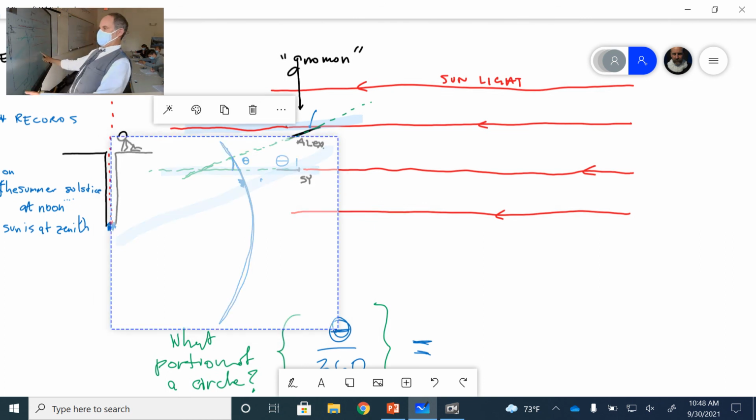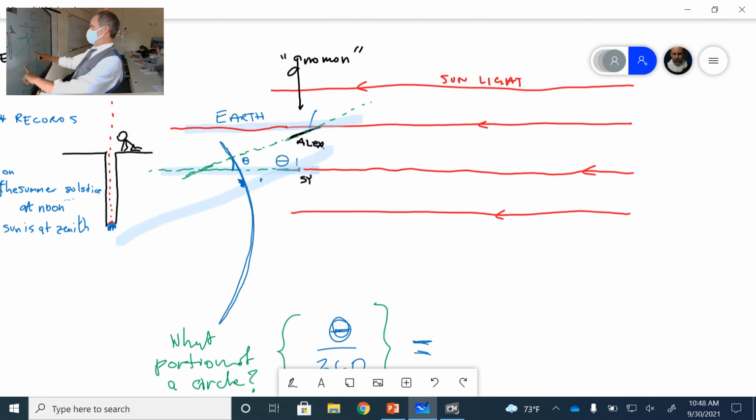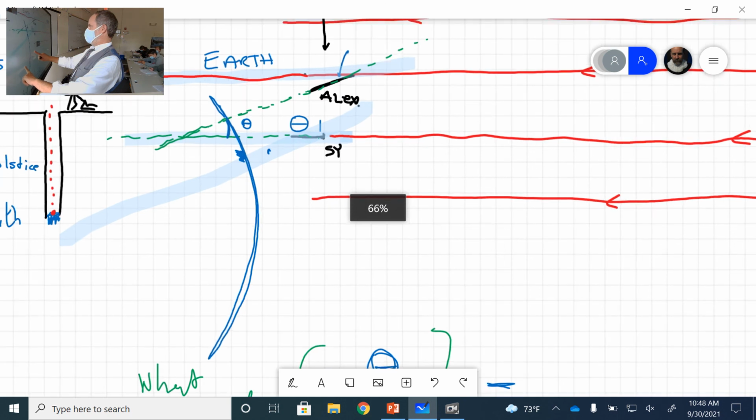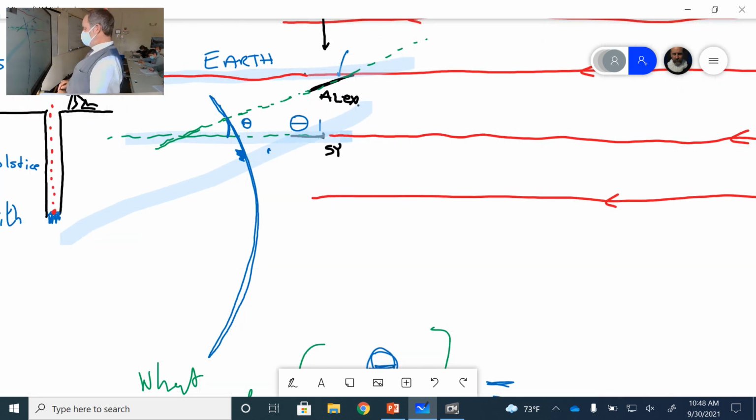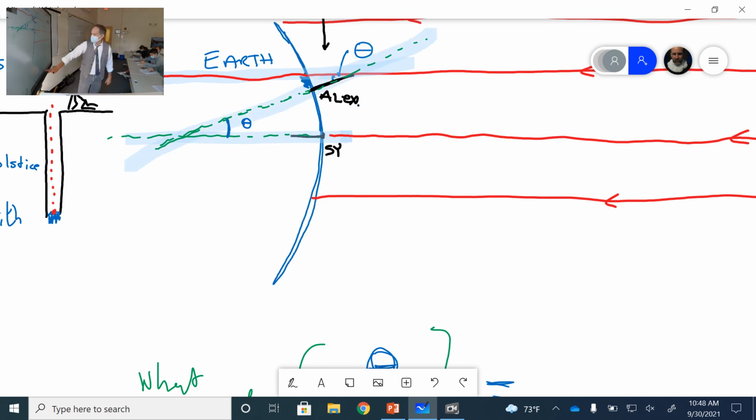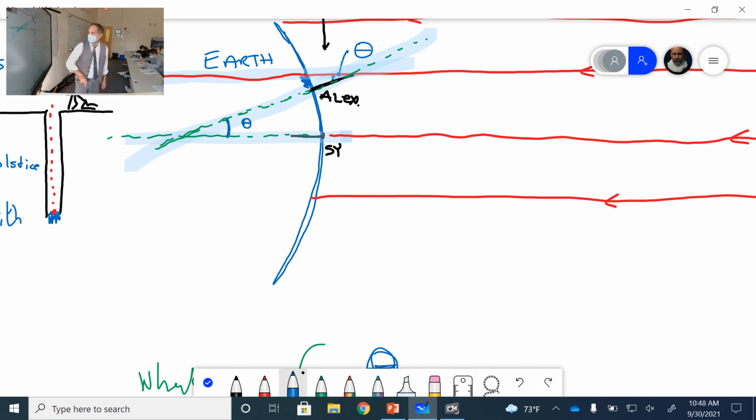Uh-oh, did I just mess up my drawing somehow? Yeah, probably. I moved something. Fix it? Okay. Yeah, I was hoping undo would fix it.